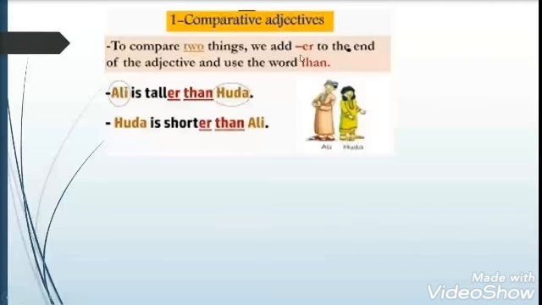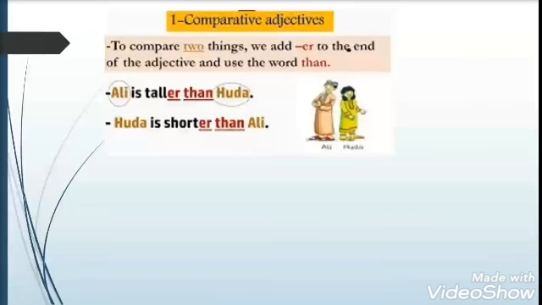ما ننساش بحط er to the adjective وبحط بعديها the word than. Like for example شايفين هنا علي وهدى. Can we see them all of us? Okay, so Ali is taller than Huda. Ali is taller than Huda. What happened here? I added er to the adjective tall and then I added the word than after the adjective. بعد الصفة.